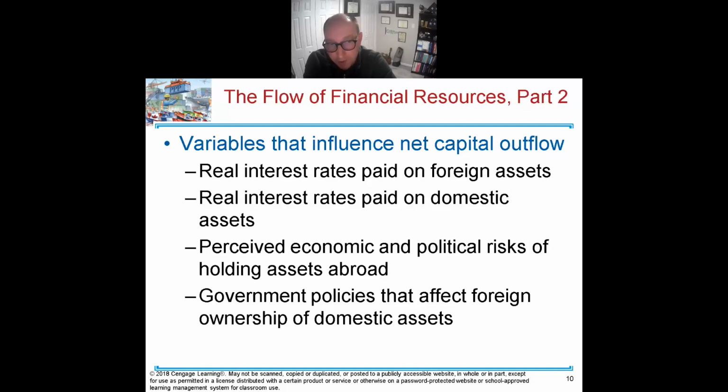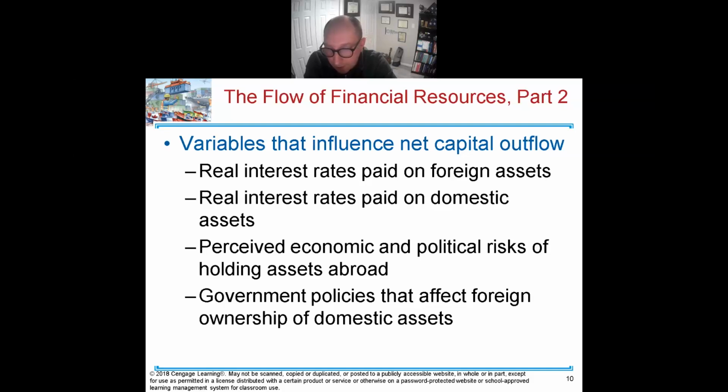Economic and political risks will have impacts on foreign investments. Absolutely. Investing in China can sometimes be very risky because of the political risk. Political risk is because China is a communist country.